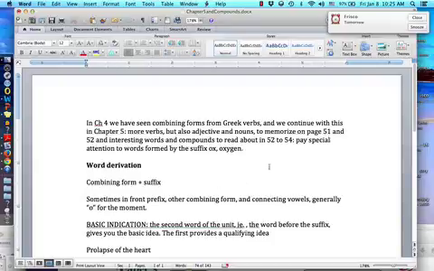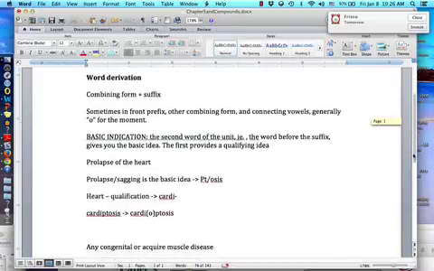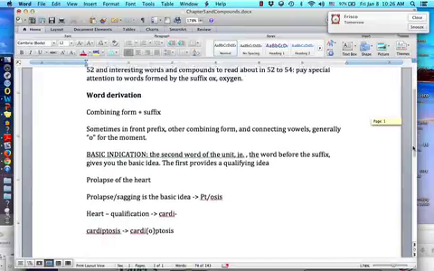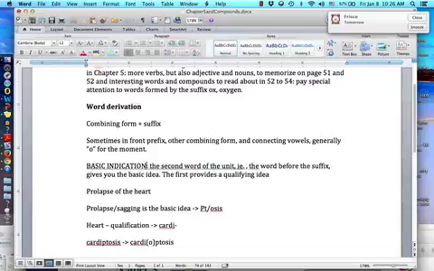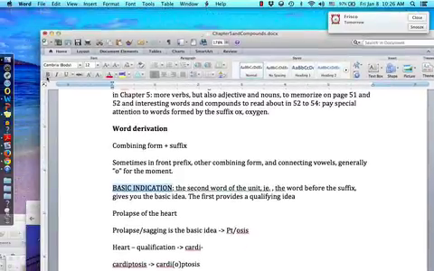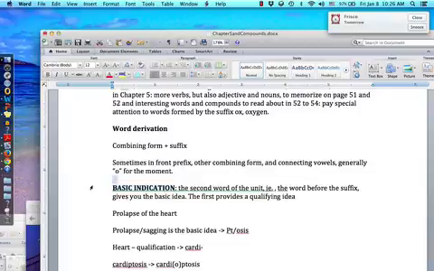So I just wanted to give you this basic indication, which is not a rule, because it's not valid for every noun, but it can guide you for the moment in forming these words. The basic indication is that at the end, you know that you have the suffix.